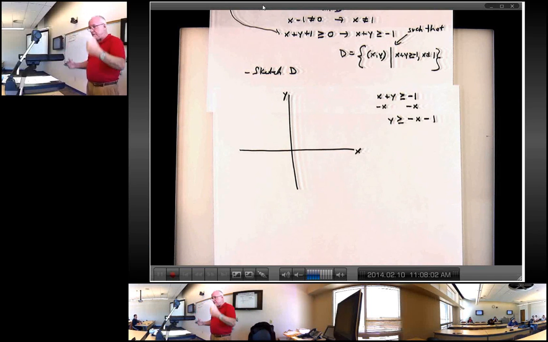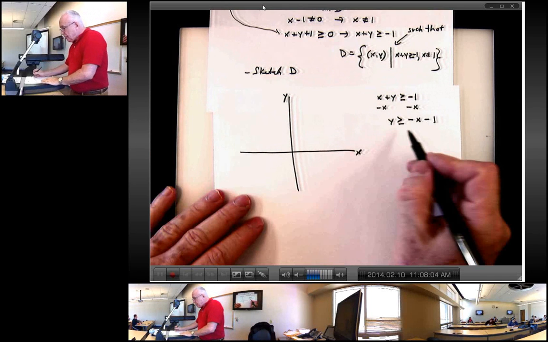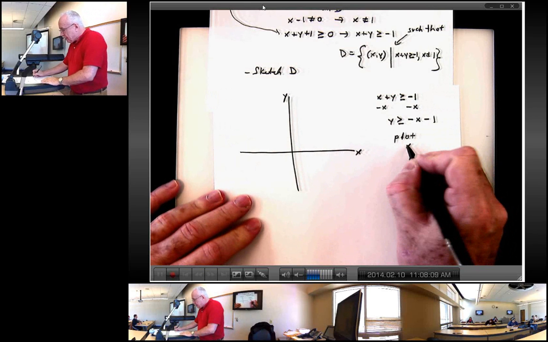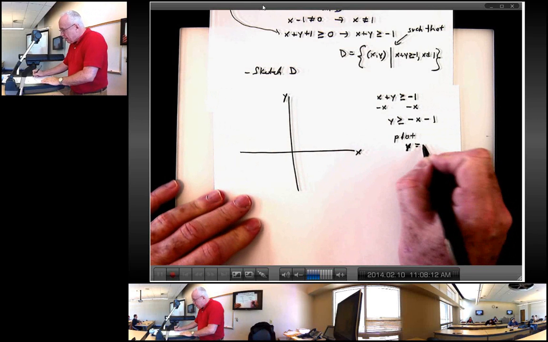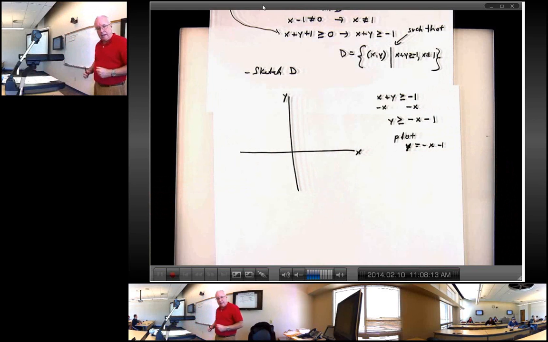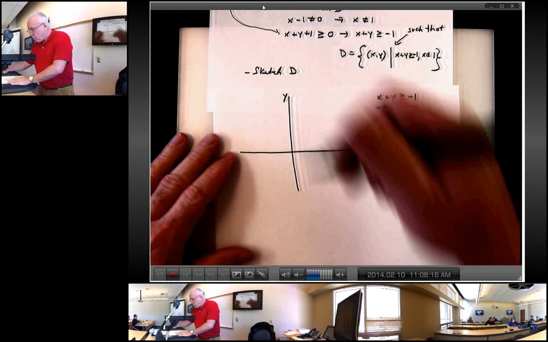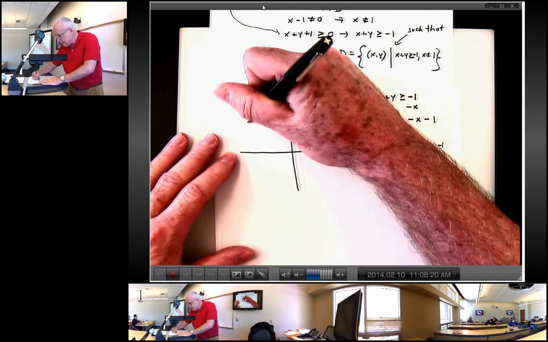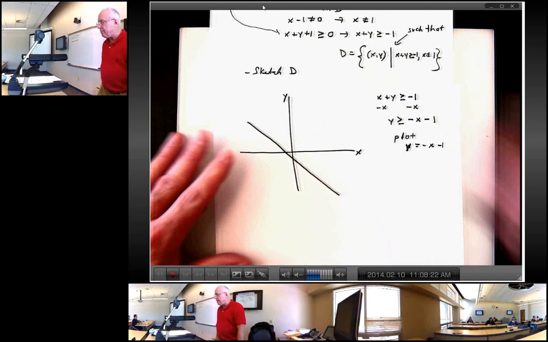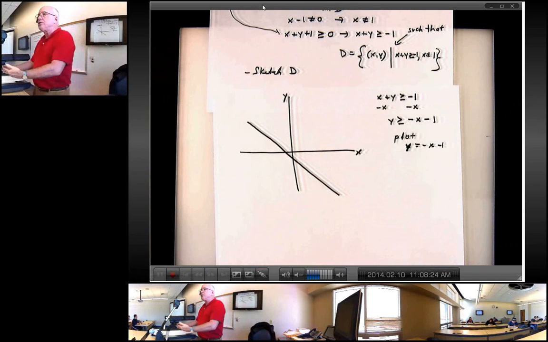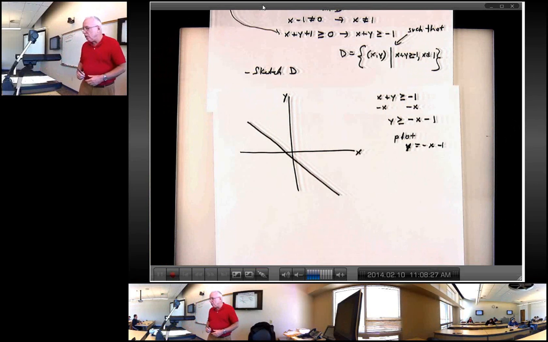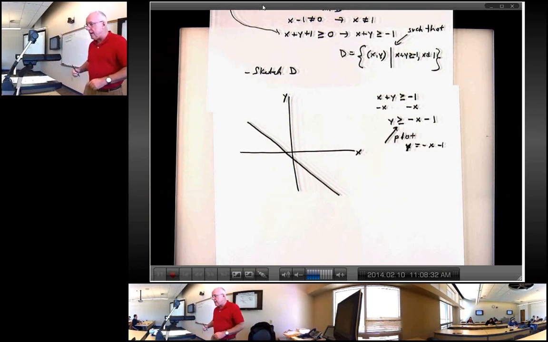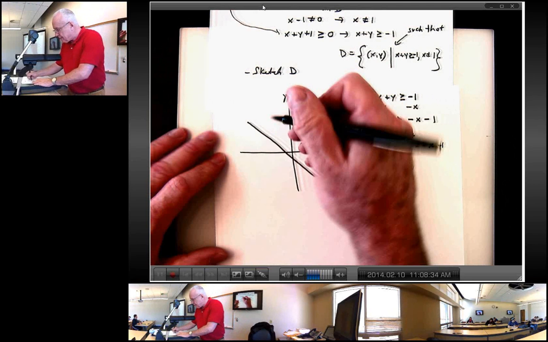So the first thing you plot is the equality, y equals -x minus 1. You plot that first, and roughly we get a straight line that looks like this. Then we figure out which side of the line we're on. Here y has to be greater than or equal to that, so we're going to be on this side of the line.